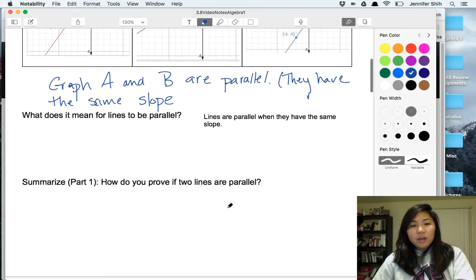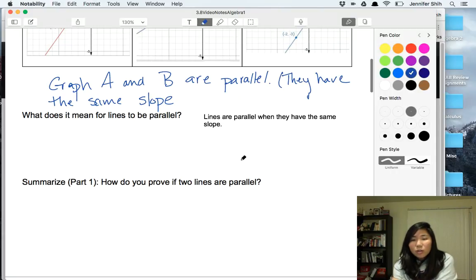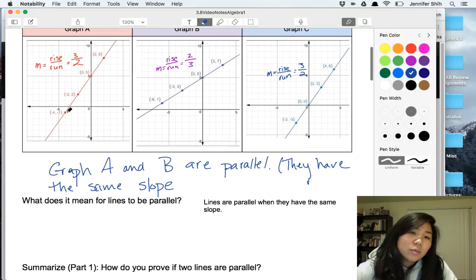Okay. What does it mean for lines to be parallel? Well, here's what else it means. Let me see if I can draw. This is going to be really hard for me because, like I said in earlier videos, it's really hard for me to draw straight lines on these tablets, but I'm trying.